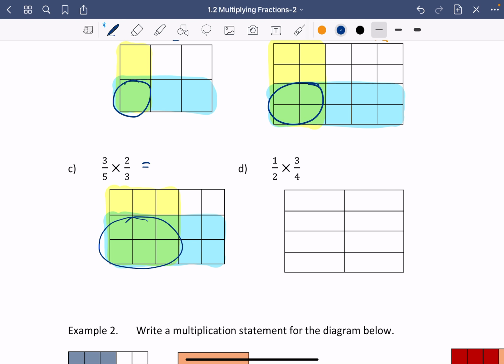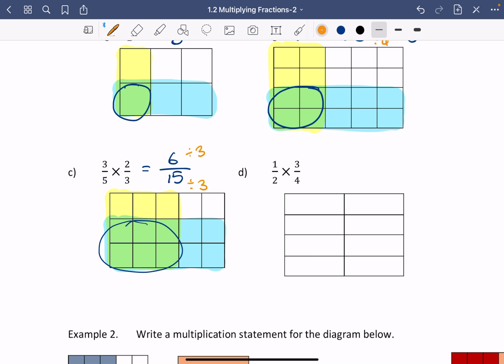And this part, we have 6 parts, and in total, we have 15 parts. So if you simplify this, if we divide both top and bottom by 3, we'll get 2/5.